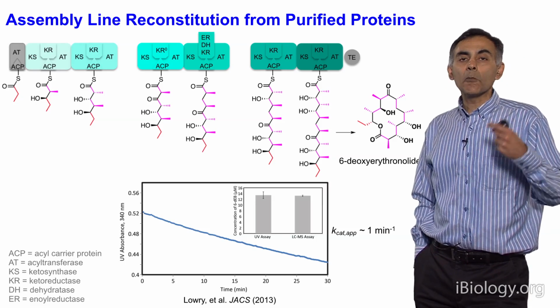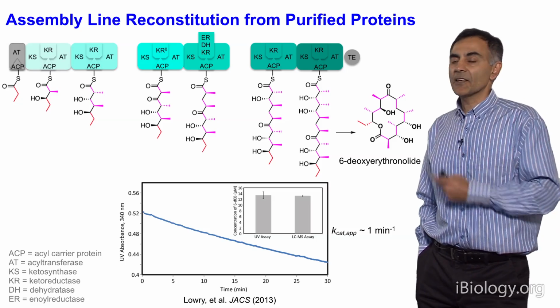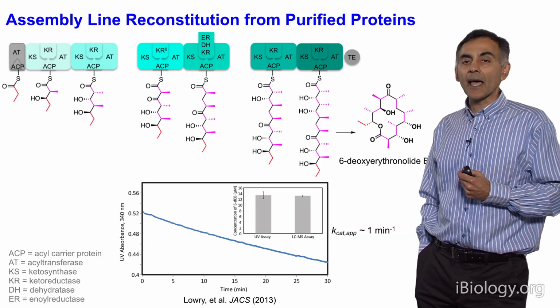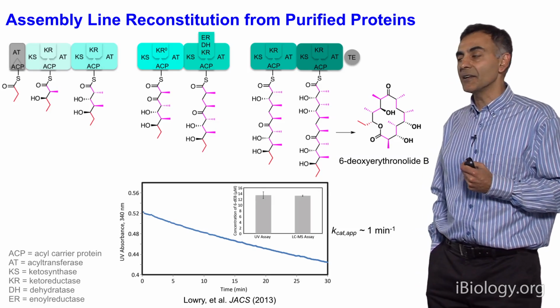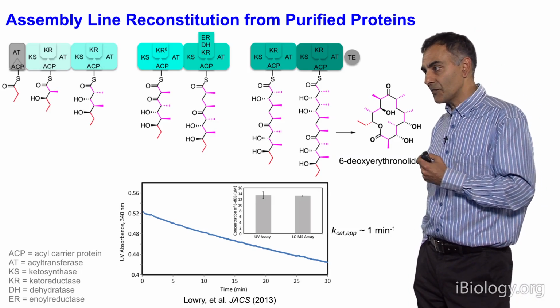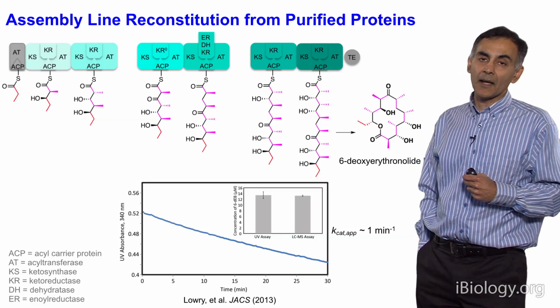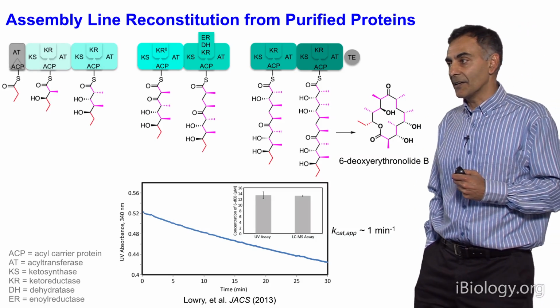So approximately once every minute, this assembly line is releasing 6-deoxyerythronolide B in a test tube that is presented with the appropriate precursors. And that is roughly the rate we might expect this assembly line to be working at inside a cell.